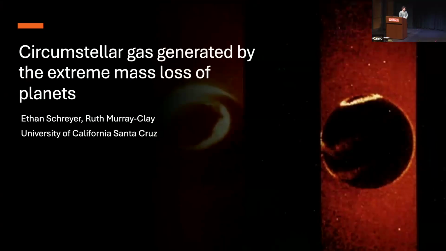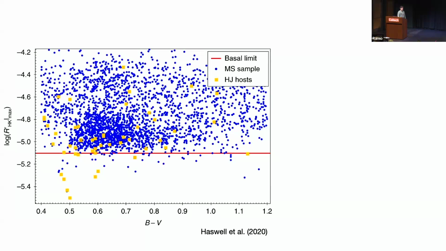So today I'm going to try and convince you that circumstellar gas generated by the extreme mass loss of planets is both interesting and detectable. So we're going to change tack quickly, and I've put a plot up of something seemingly unrelated.